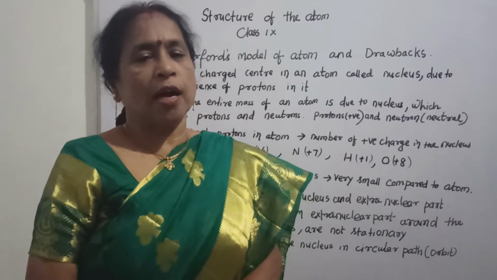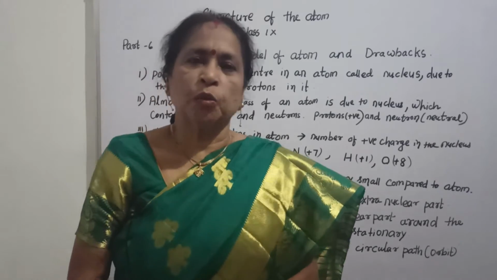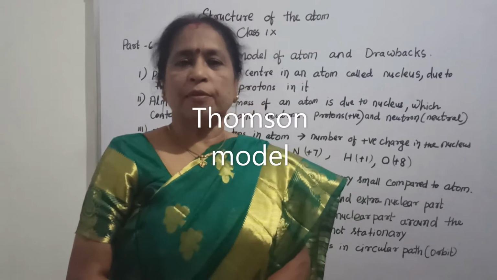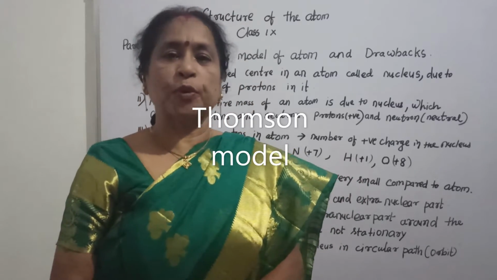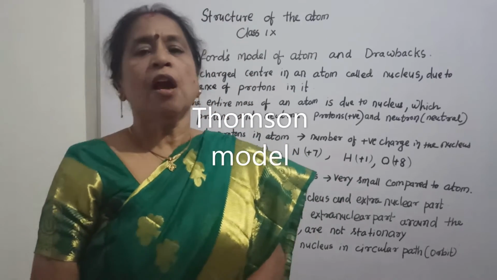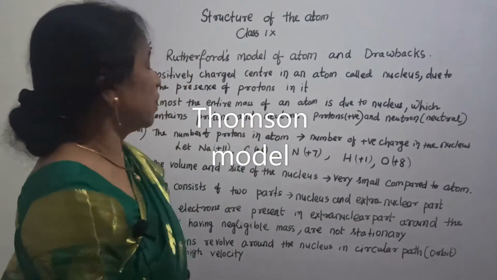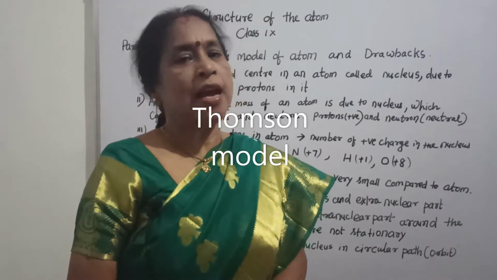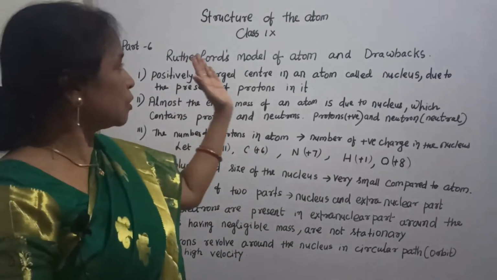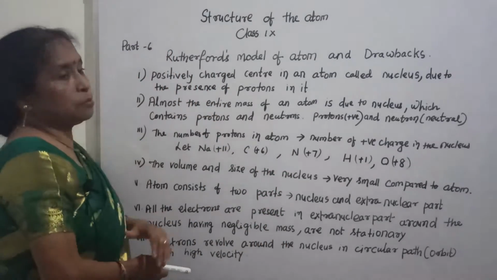Before that, from part 1 to part 4, I discussed Dalton's atomic theory, discovery of electron, discovery of proton and neutron, then Bohr's model of atom, and after that Rutherford's experiment and its conclusion. Now in part 6 I will explain Rutherford's model of atom and its drawbacks. So what is Rutherford's model of atom?